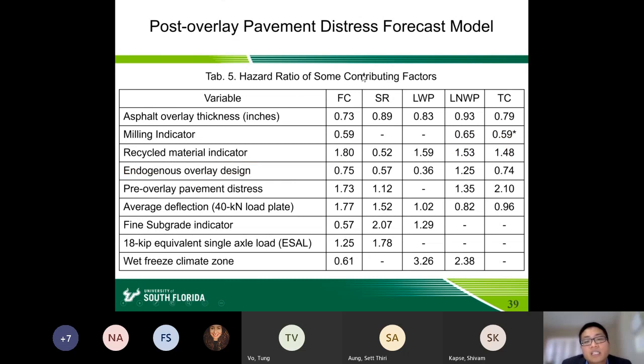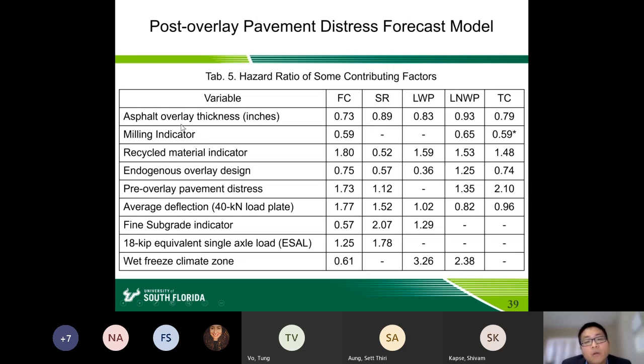The specific effects of the contributing factors to different types of the distress initiation are illustrated here. As we can see, this is the hazard ratio. If the hazard ratio is less than 1, it means it will decrease the rate of the distress initiation.